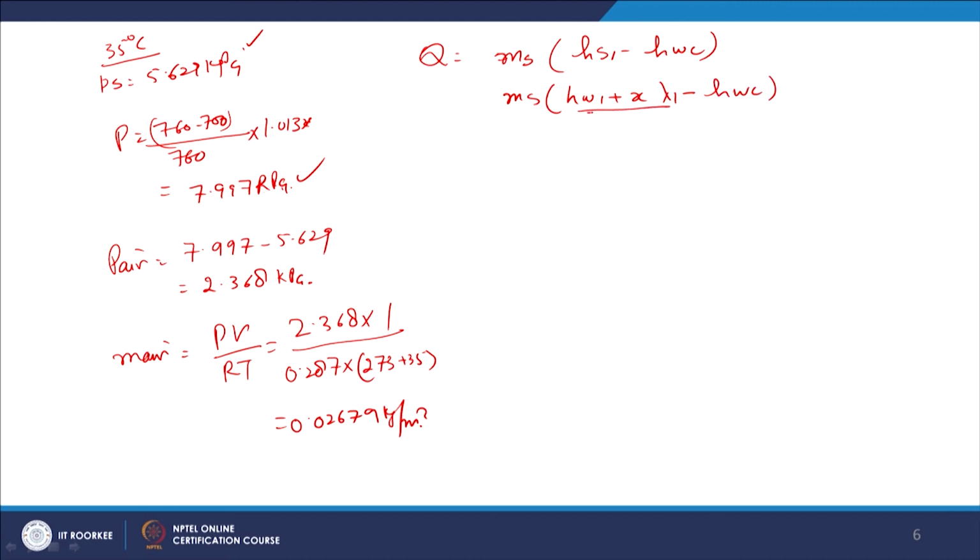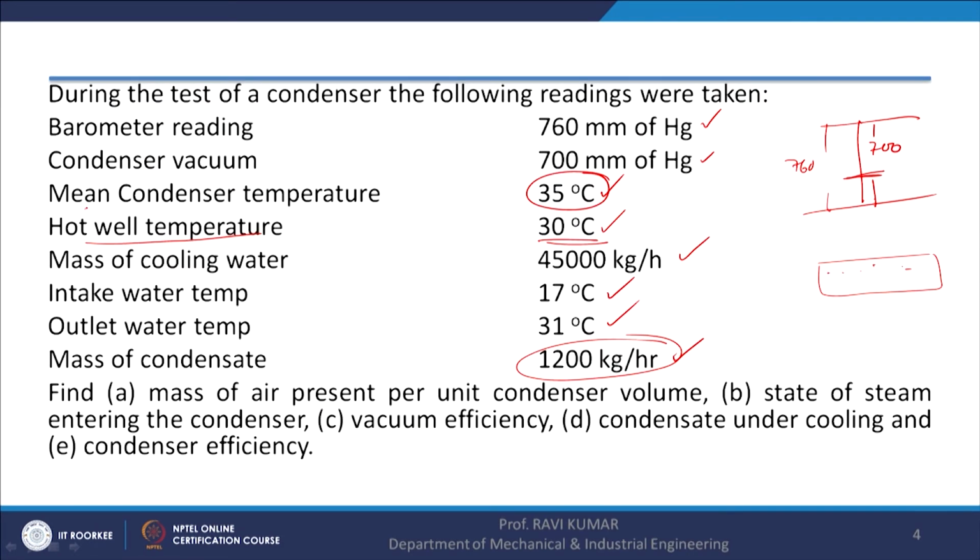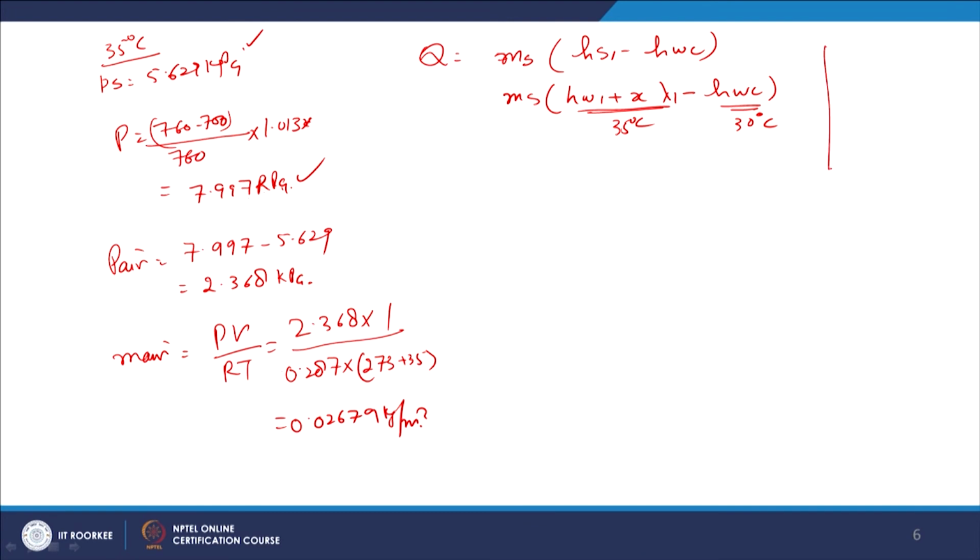Now this is at 35 degree centigrade and this is at 30 degree centigrade. You can see here the mean condenser temperature 35, hot well temperature 30 degree. It means if you look at this condensation process, it has condensed and it is further condensed. This is 30 degree centigrade, hot well temperature.